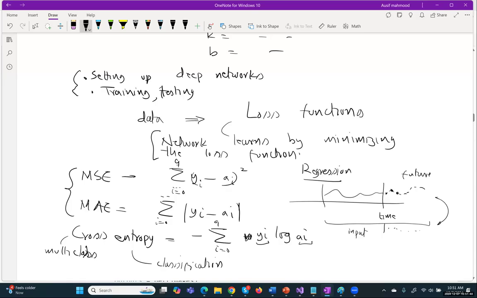But there are many other kinds of problems. For example, in computer vision, sometimes we're interested in recognizing an object, okay? So for example, where is the tree or where is the soccer ball in a given image? Not only do we want to recognize there is a soccer ball, we also want to draw a rectangle around it.